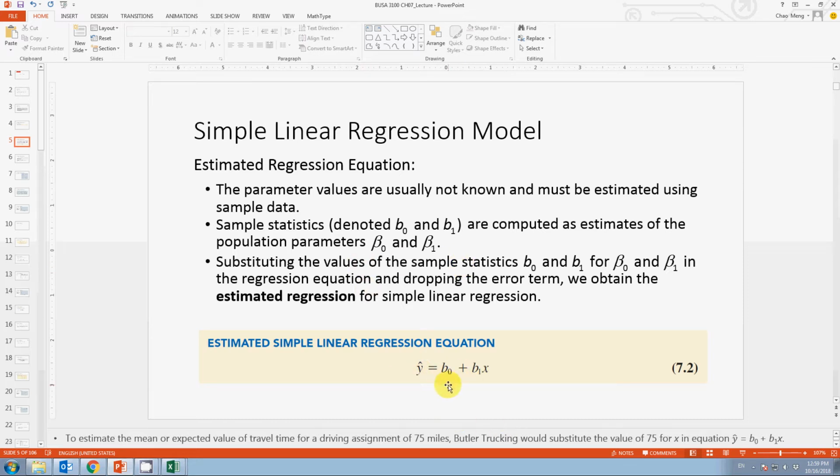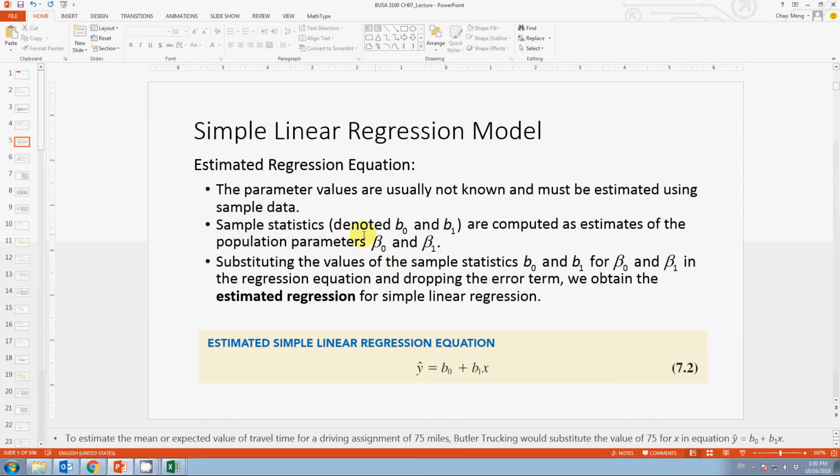This equation is the estimated simple linear regression equation. In this equation, we dropped the error term and we changed beta 0 to b0 and beta 1 to b1, because b0 and b1 are estimators of those two parameters. We call them sample statistics.